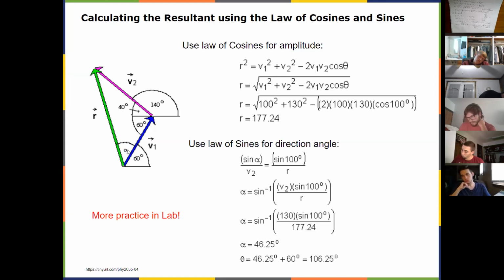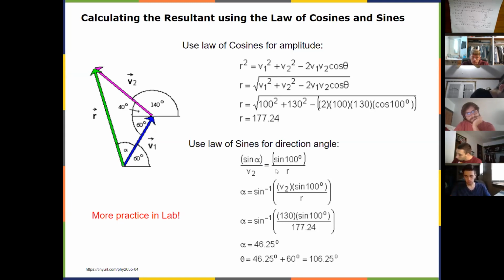So sine of alpha over the opposite side, v2, should be equal to sine of this 100 degree over r, right? So sine alpha over v2 is equal to sine 100 over r. Then you can solve for alpha, because you know v2 is 130, okay? r is 177.24. You just plug in the numbers, okay?